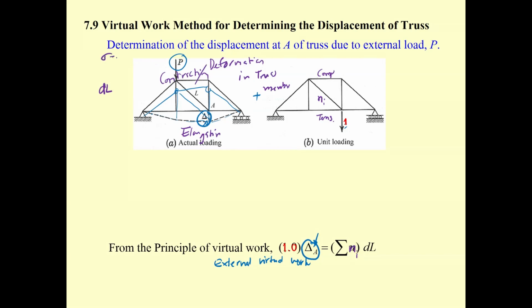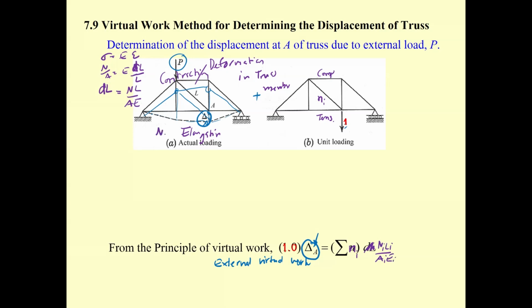And then you have sigma equal to E epsilon. Sigma equal to N over A equal to E dL over L. So delta L, or dL, is going to be NL over AE. This term changes to n_i L_i over A_i E_i.